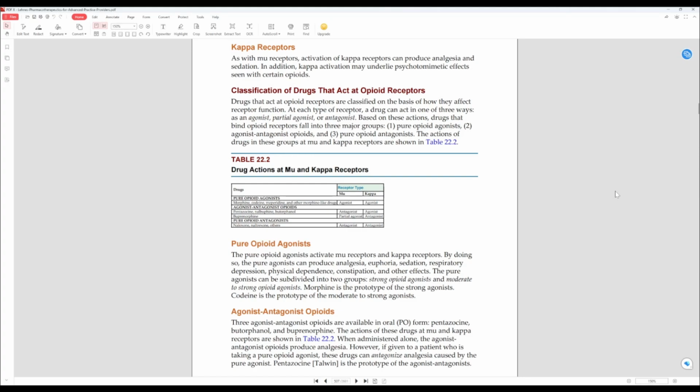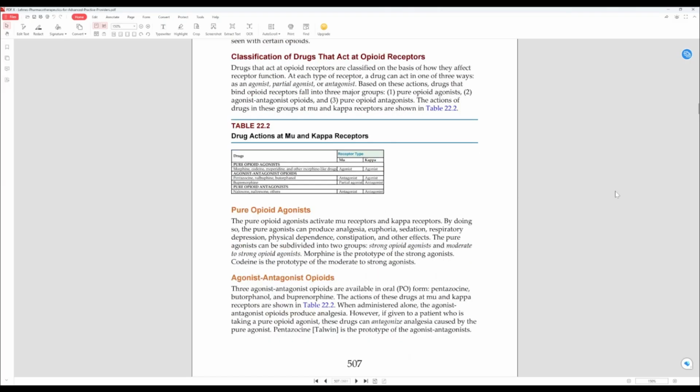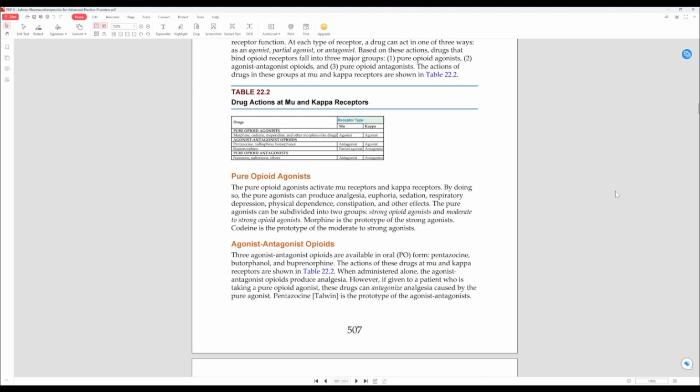Based on these actions, drugs that bind opioid receptors fall into three major groups: pure opioid agonists, agonist-antagonist opioids, and pure opioid antagonists. The actions of drugs in these groups at mu and kappa receptors are shown here in the following table. Again, it's an excellent spot to hit pause so you can see the drug actions at mu and kappa receptors.